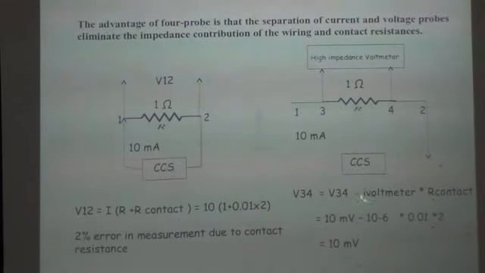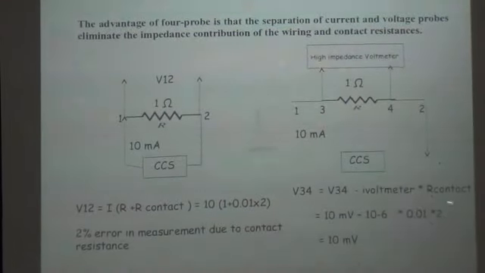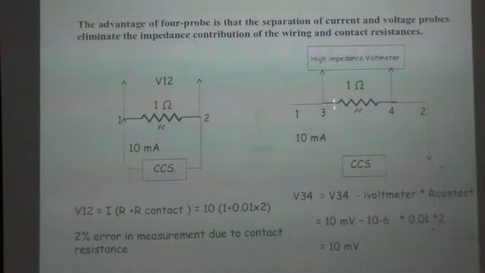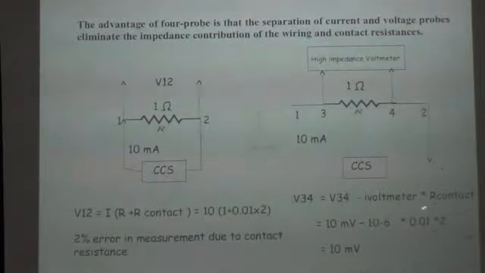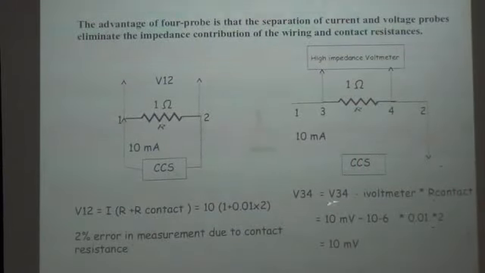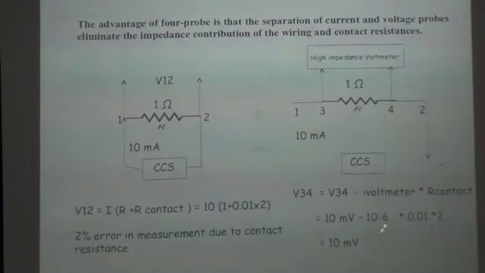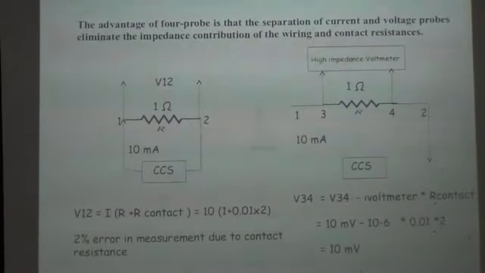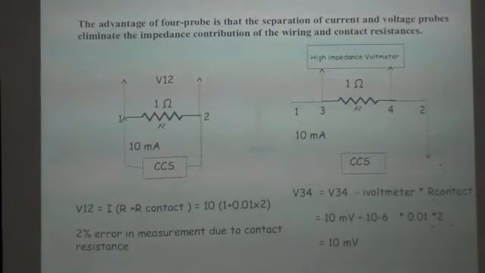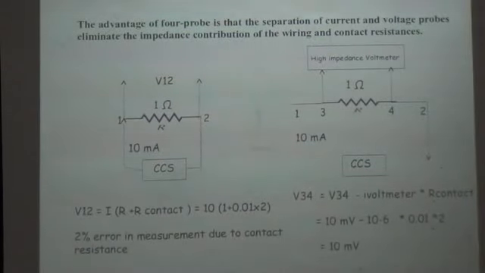But suppose we take the voltmeter resistance into account, and the current passing through it is 1 microampere. This is through the contact resistance twice, so this hardly makes any difference to the reading. That is the beauty of 4-probe method measurements over 2-probe.